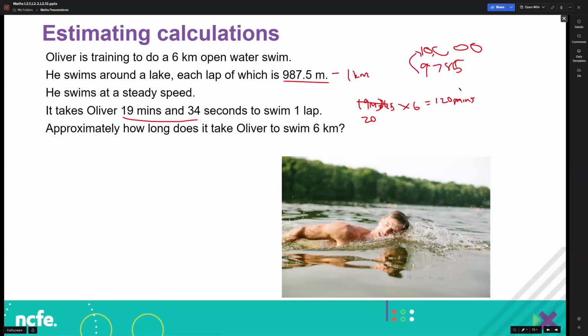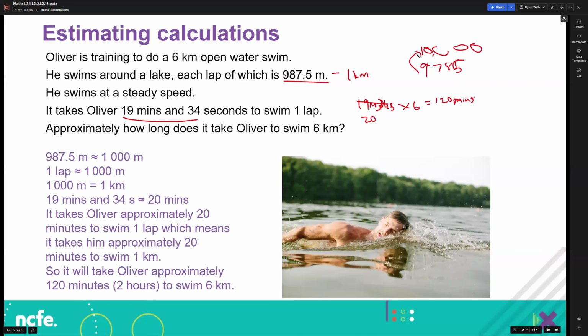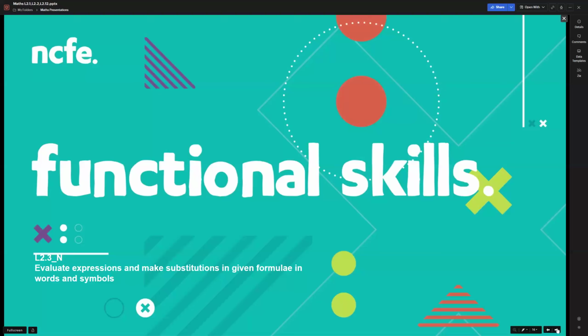You should round it to 10,000. It's just a nicer number. You could just do something times 10 and then times it by 1,000 afterwards. It's so much easier. So let's see. Yep, approximately 120 minutes to swim. They've rounded it the same as me. I hope that makes sense.